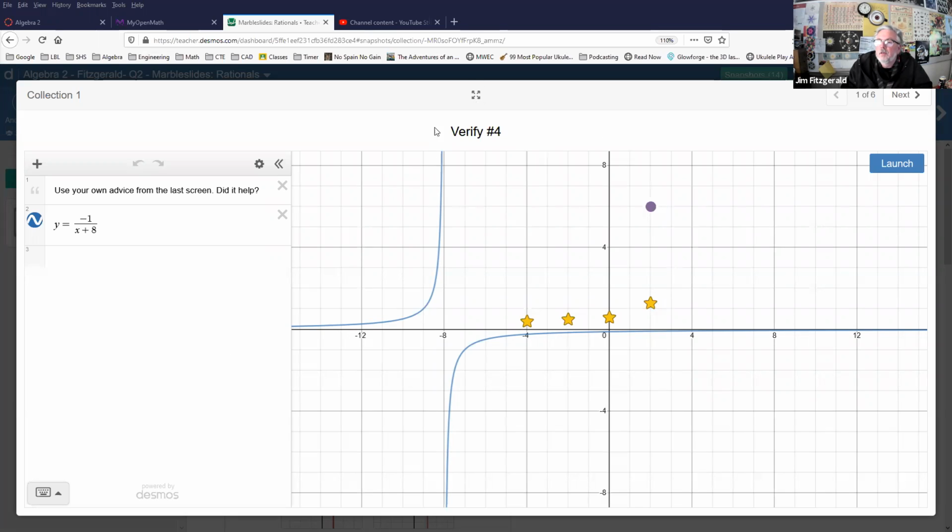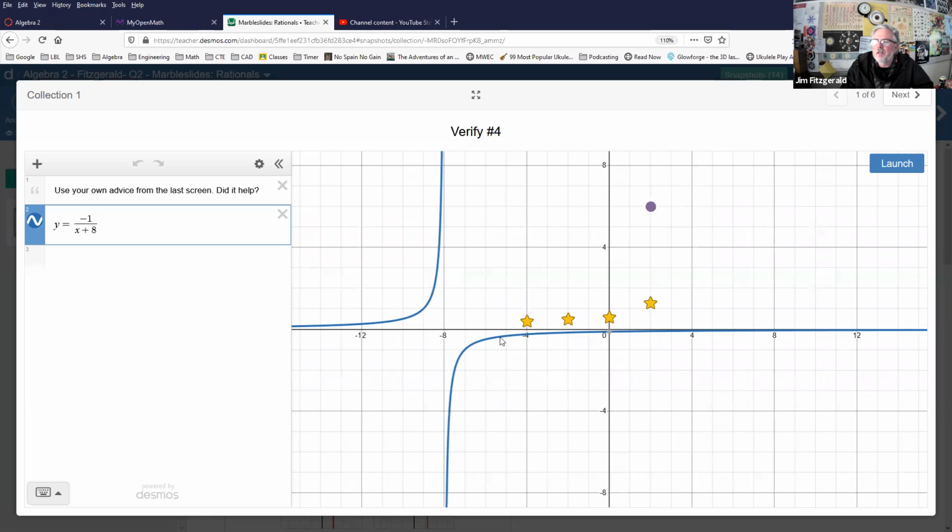So this is one of the verify ones, right? I think it was, how would you change that equation so that it would hit all the balls? And for most people, and I did this, I flipped it over and then I moved it over this way so that this part here was underneath this, and it would catch them and roll them down.